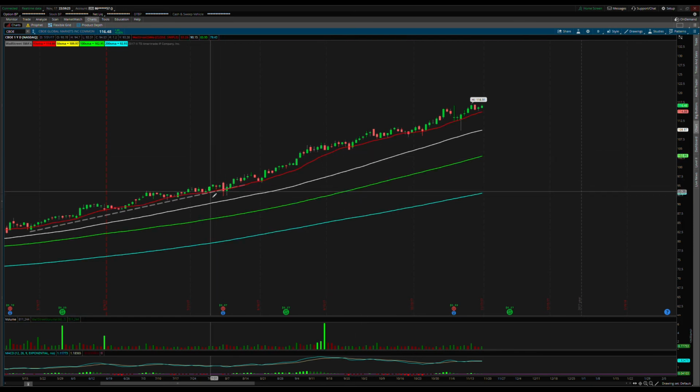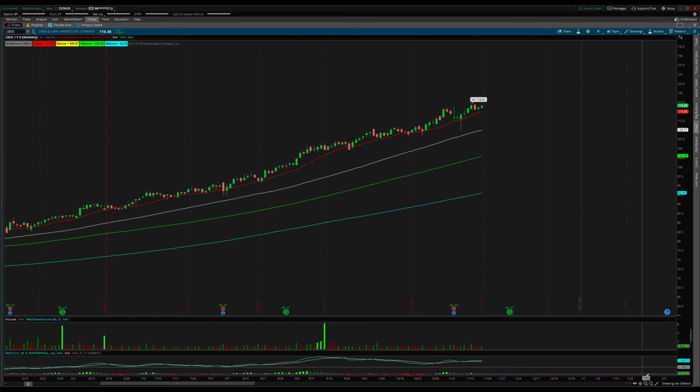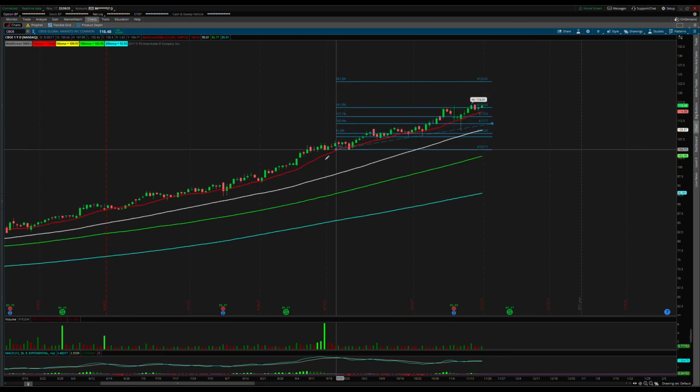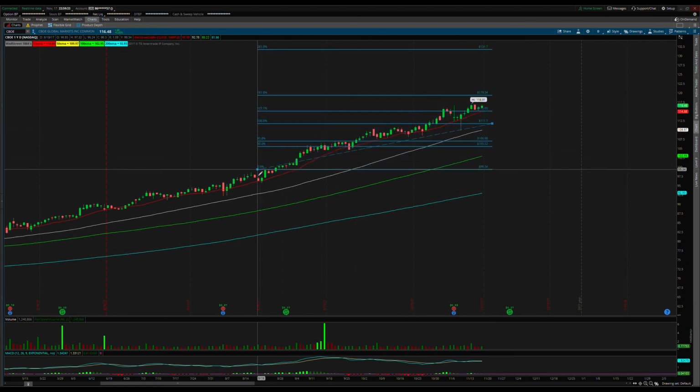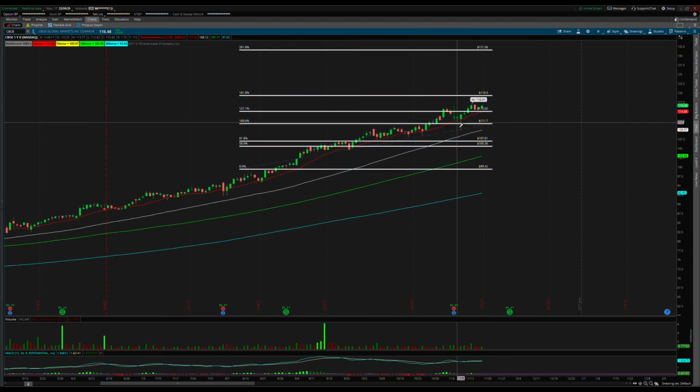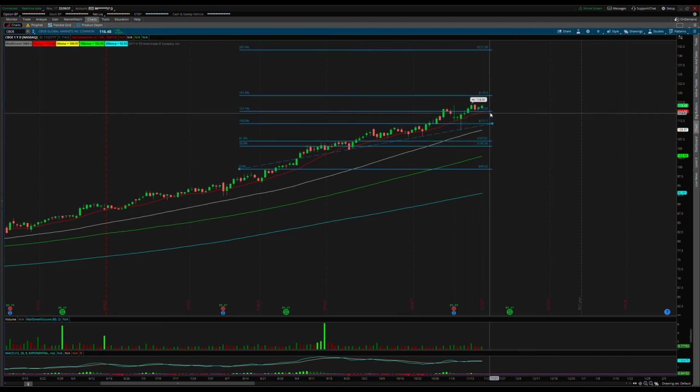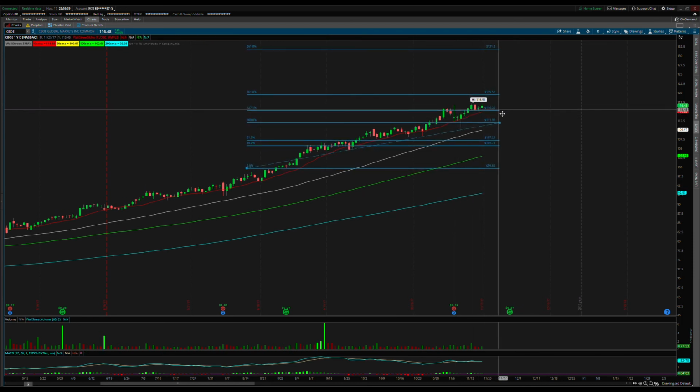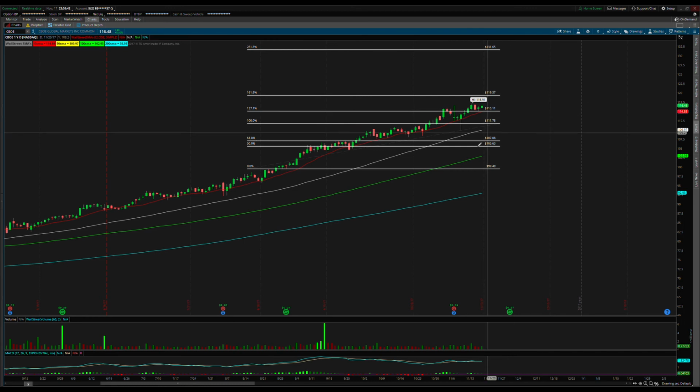If we look at the Fibonacci retracements here, it's going to be as simple and you'll love it. Just how beautiful it shows you the future support and resistance. Let's see if I can get this out of the way so we can see it properly. There we go. So it's been churning up nicely.